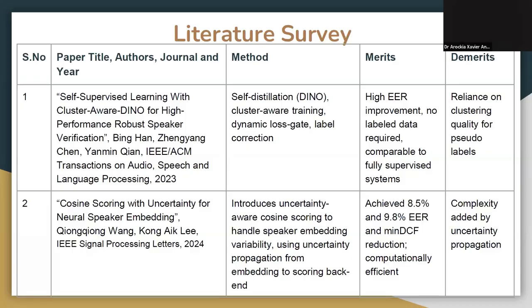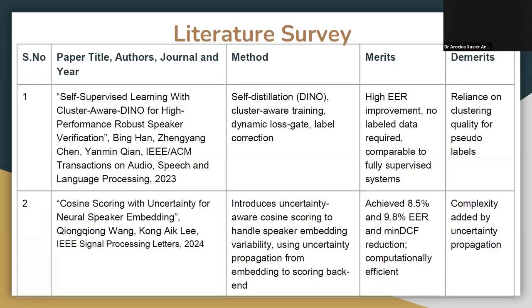In the second work, cosine scoring with uncertainty for neural speaker embedding, a comparative measure has been incorporated. It introduces uncertainty-aware cosine scoring to handle speaker embedding variability using uncertainty propagation from the embedding to the scoring backend. This is quite crucial because we need to maintain the speaker embedding and manage it with the scoring ability of the cosine format.